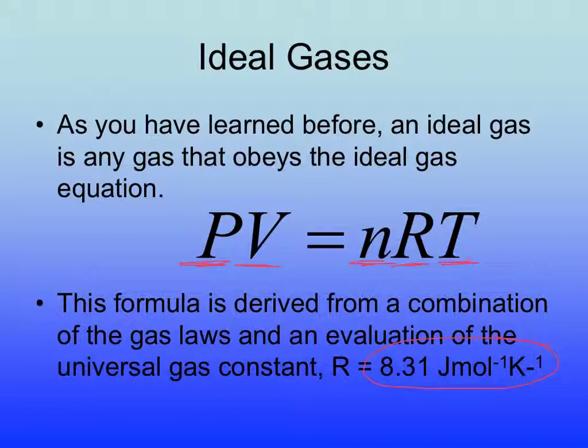And so notice with this that if we have PV equals nRT for a given sample of gas, obviously R, because it's a constant, is going to be the same. And if we have a specific sample, the number of moles of it is going to be the same.